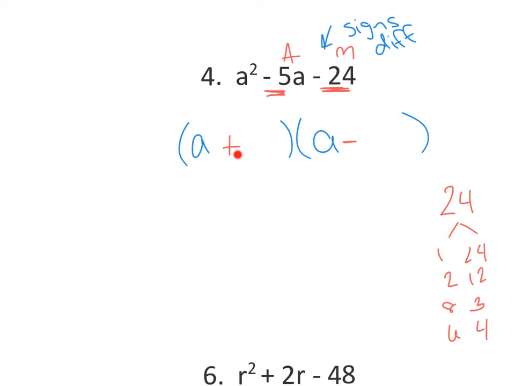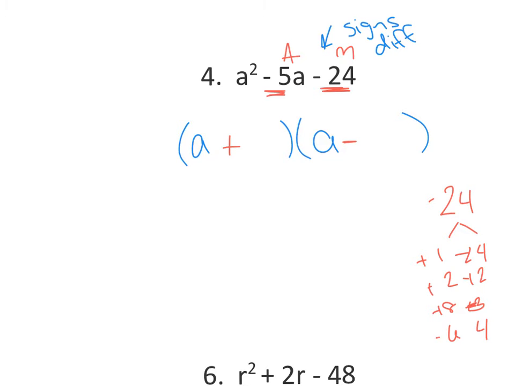But remember, our signs in here have to be different because technically this is a negative 24. So one of these has to be negative. You can make the 24 negative, or you can make the 2 negative, or you can choose to make the 12 negative. You can make the 8 negative and make the 3 positive, or make the 8 positive and make 3 negative.